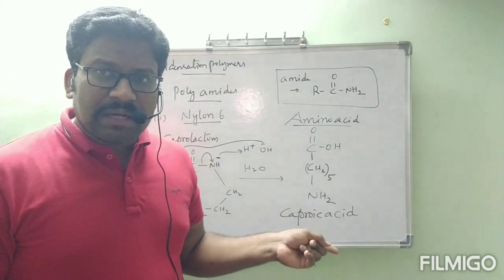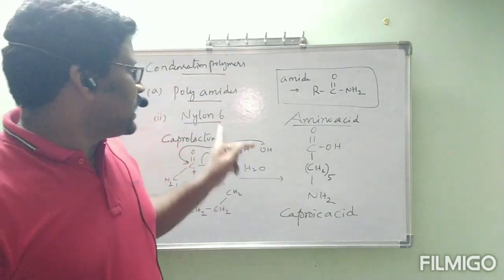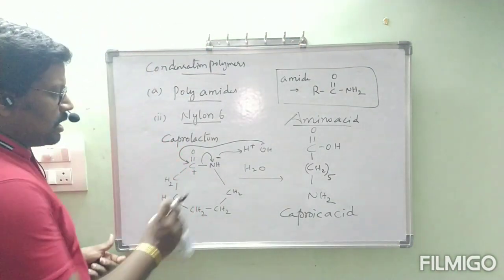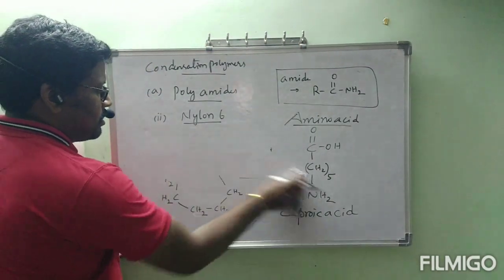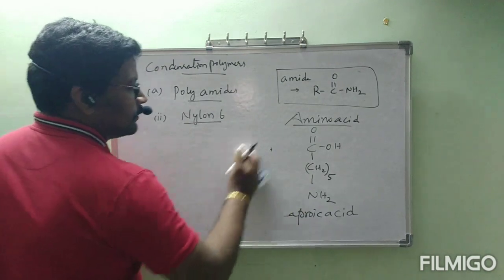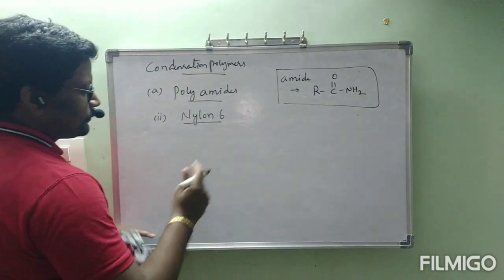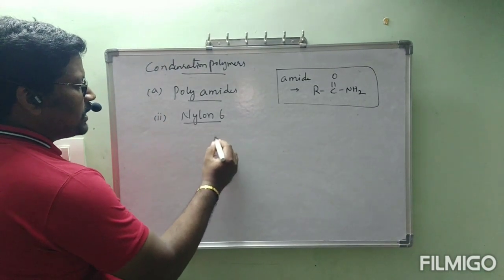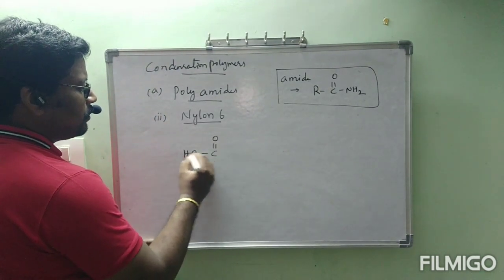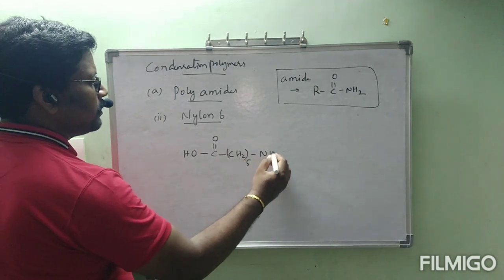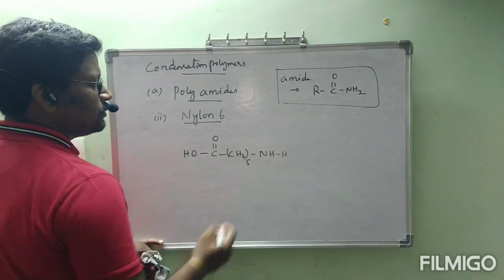Now this caproic acid will undergo polymerization to form nylon 6. In what way will it undergo polymerization? Let us see now. C double bond O, OH, CH2 5, NH2.